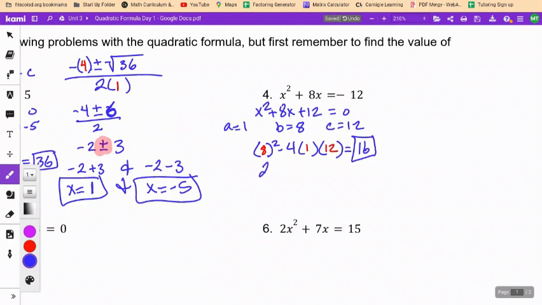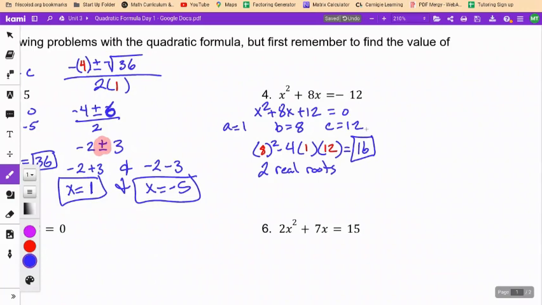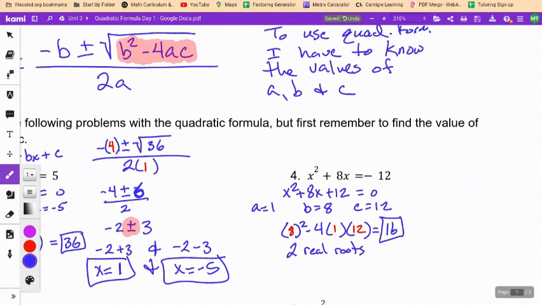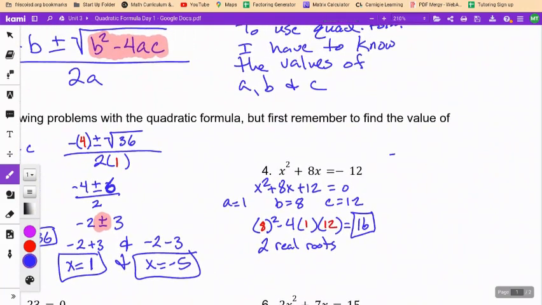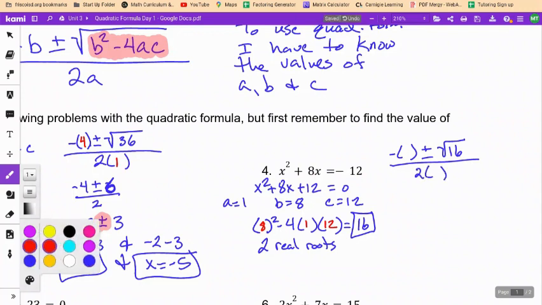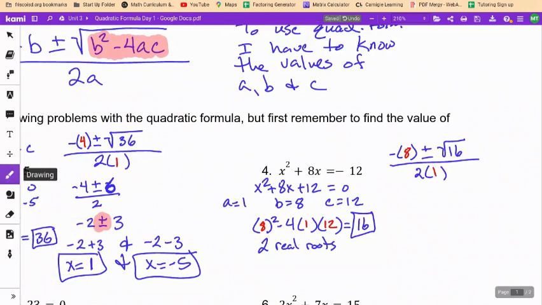Again, this tells me two real roots, just like my last problem. So now I continue with my quadratic formula. I had negative b plus or minus the square root of 16, all divided by 2 times a. b was 8, a was 1. And so here we go.